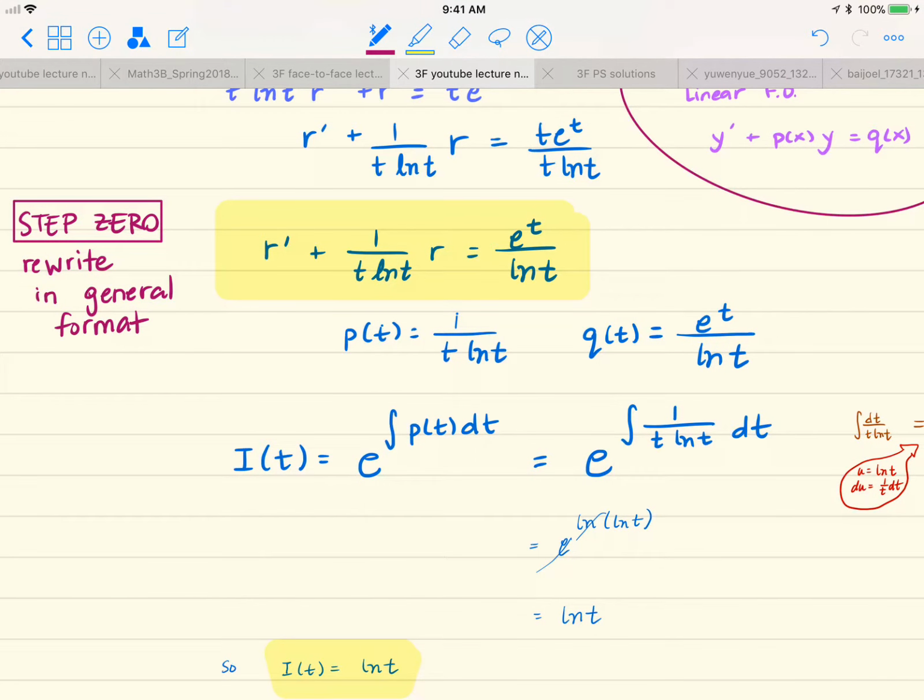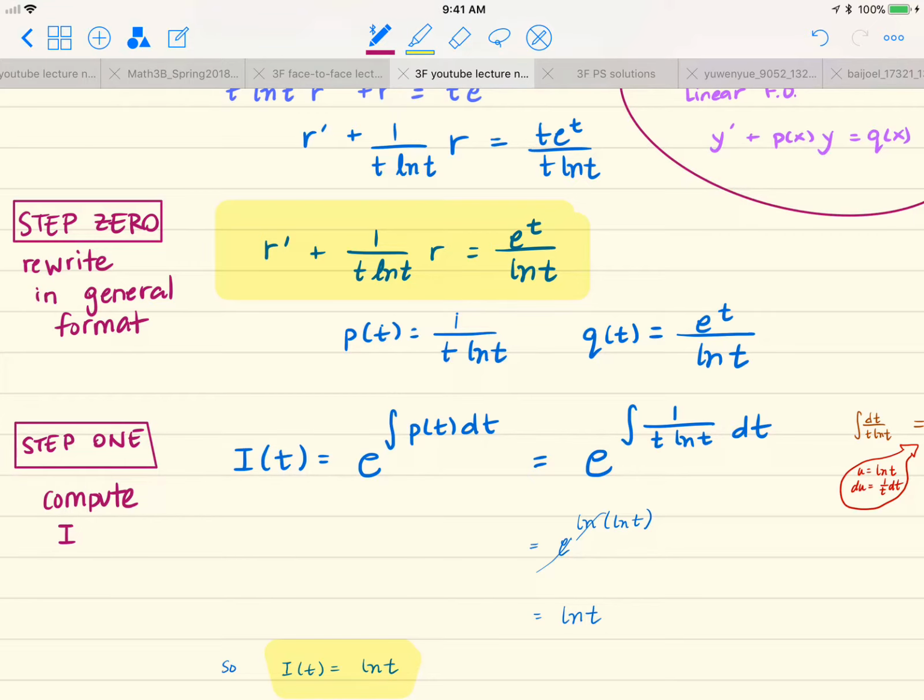Now we're ready. Step 1 is to compute the integrating factor. I'll just say compute I. It might be I of t, it might be I of x, but you're just going to compute your integrating factor.